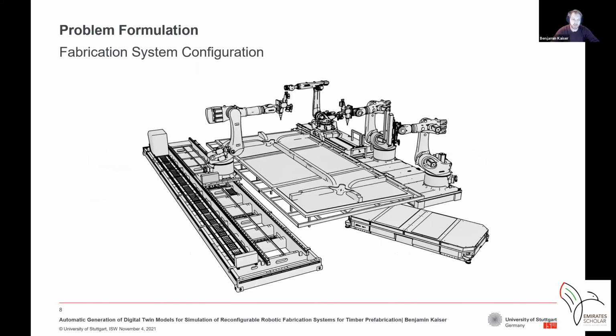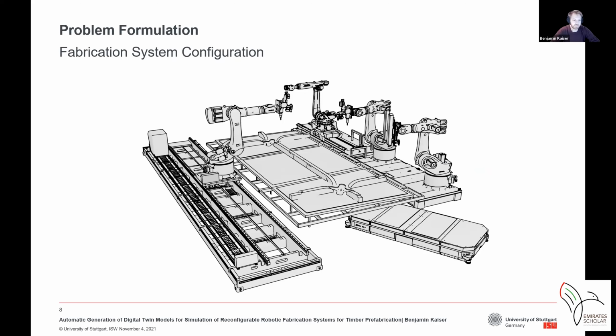And on the other hand, we have the fabrication system configuration, which at the end defines which modules are arranged in what way to each other. So it holds the types of the modules, the transformation in between them, defining the system layout.